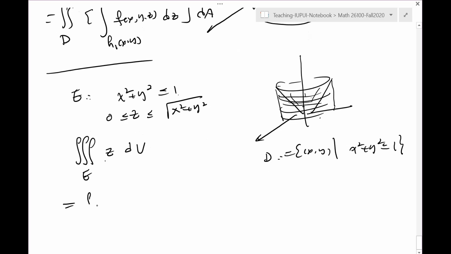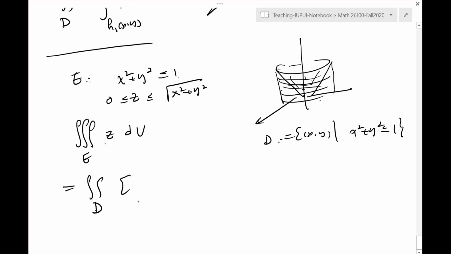So you go to the double integral first, then the iterative integral. You look at z between those two bounds. So it's dz, then dA.